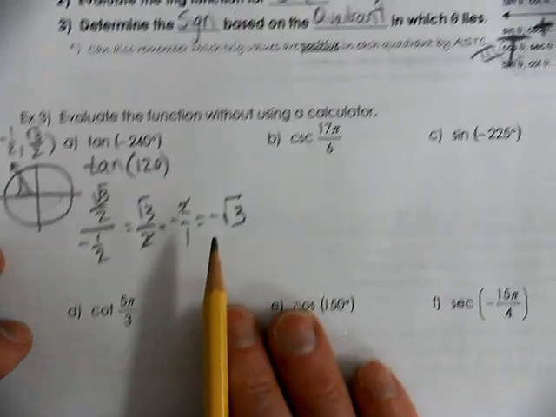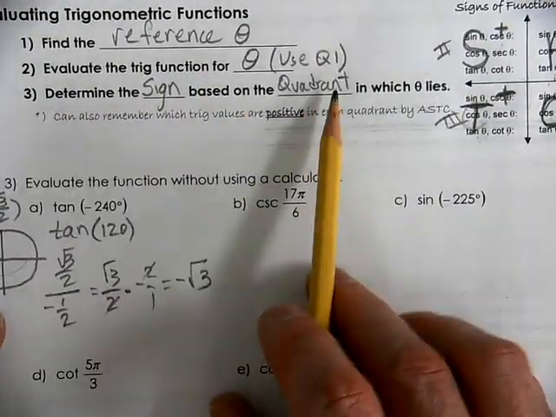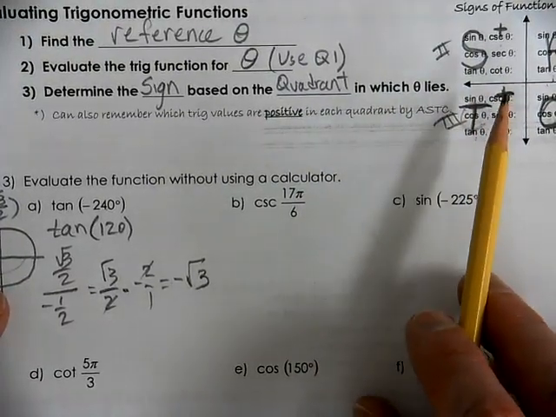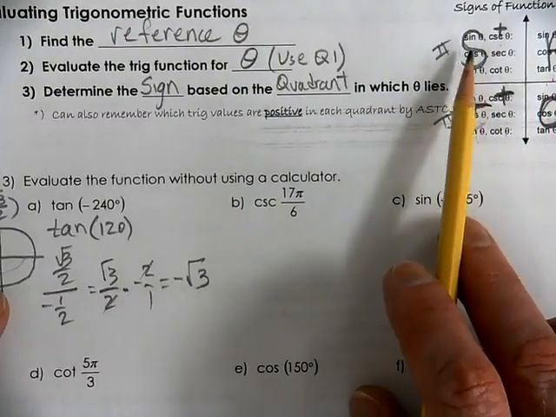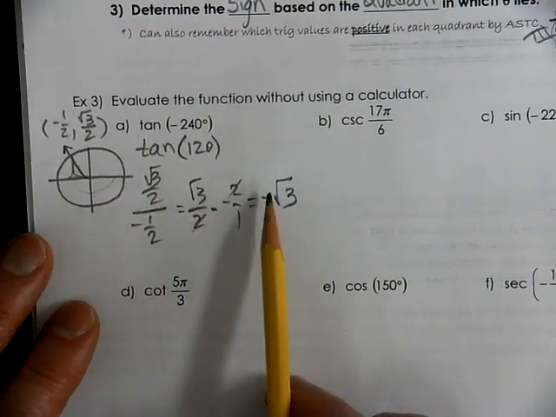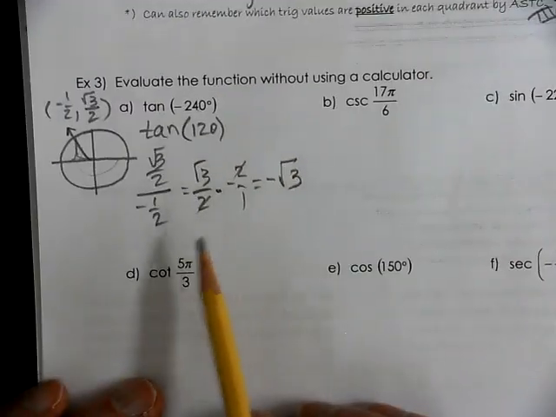Now let's use some of our notes that we took up here. Determine the sign based on the quadrant. Well, here we know that tangent is only positive in the third and the first quadrant. So it's going to be negative in the second quadrant. Here we are in the second quadrant. Using this method, the negatives take care of themselves, and you don't have to re-memorize all of that.